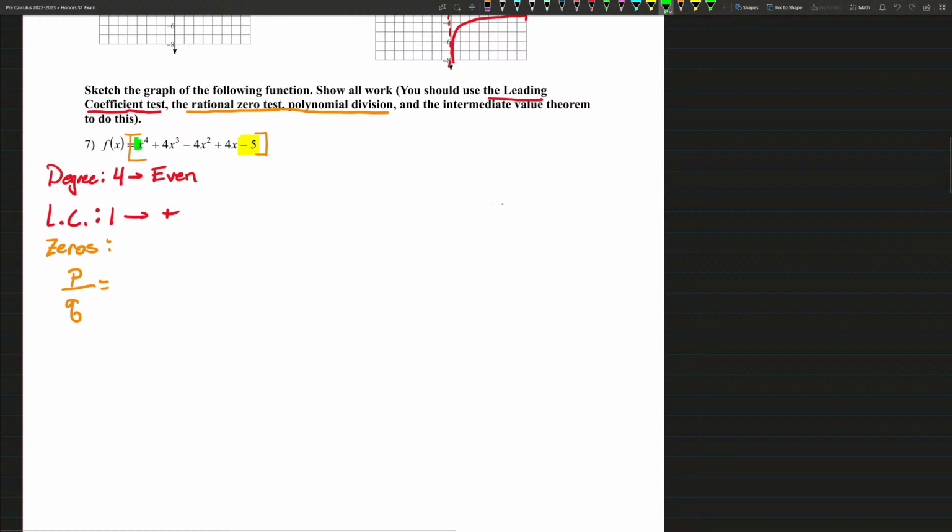Okay, possible factors. The possible factors of that constant term are going to be plus or minus 5 and plus or minus 1. The factors of the leading coefficient are just plus or minus 1. All right, so now our list would be 5 and negative 5 and 1 and negative 1.